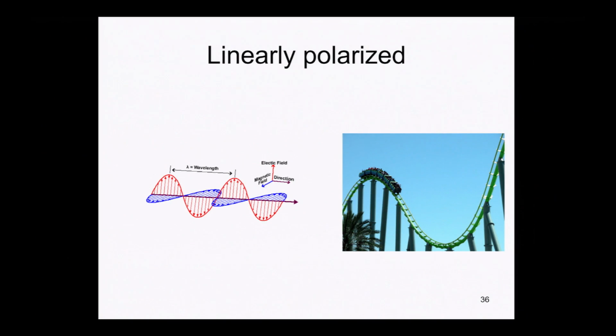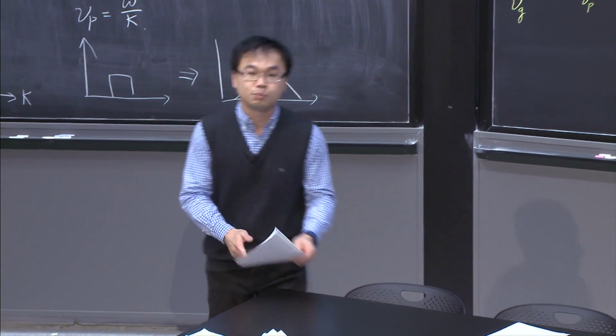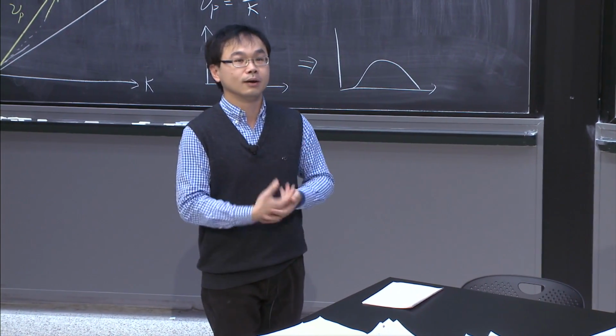For example, we can have a linearly polarized wave. The wave is moving up and down, but the direction of the vector field doesn't change. If initially it's in the x direction, then it stays in the x direction forever. In that case, I call it linearly polarized. Of course, I can also have a superposition of two waves.